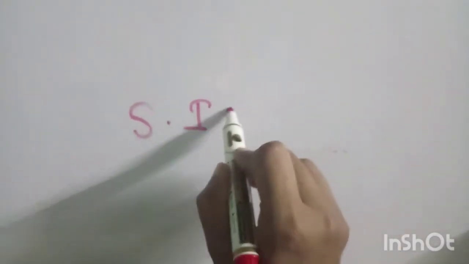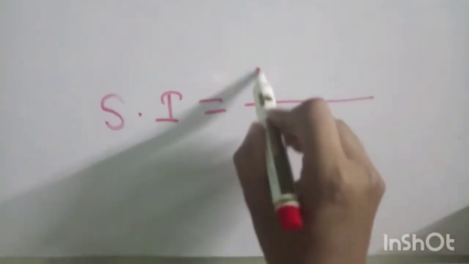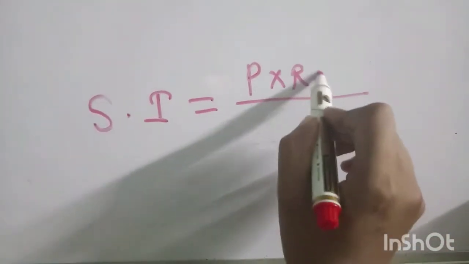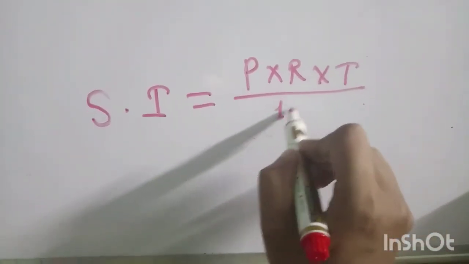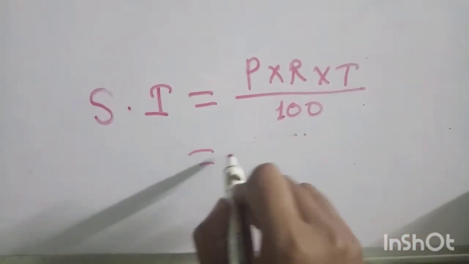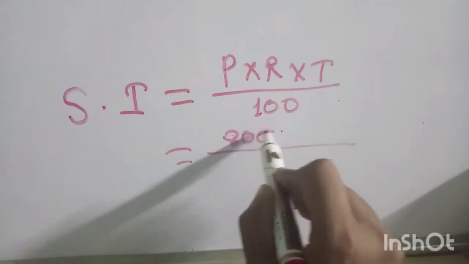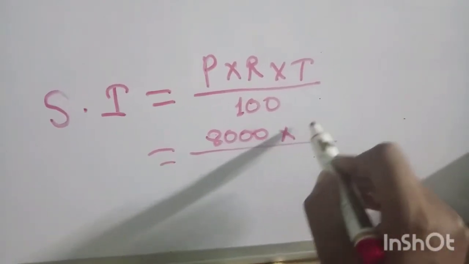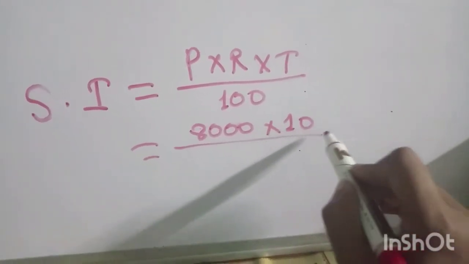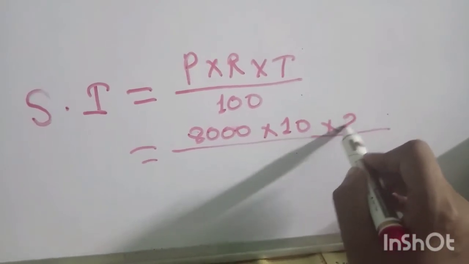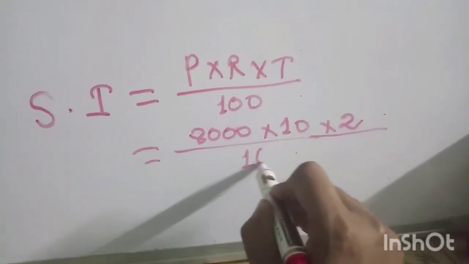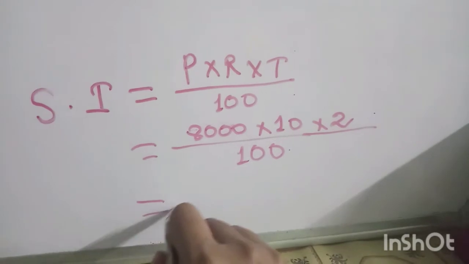So simple interest is equal to P into R into T by 100, which is equal to, what was P? Rupees 8,000. Then we had the rate of 10% and time of 2 years, divided by 100.